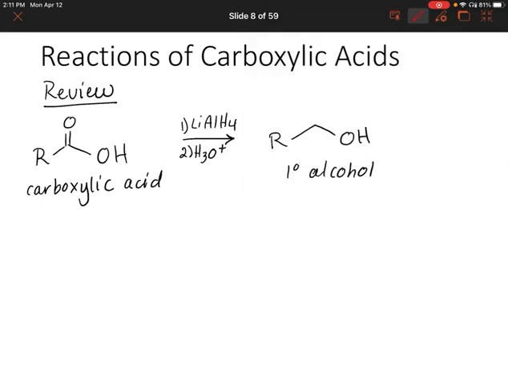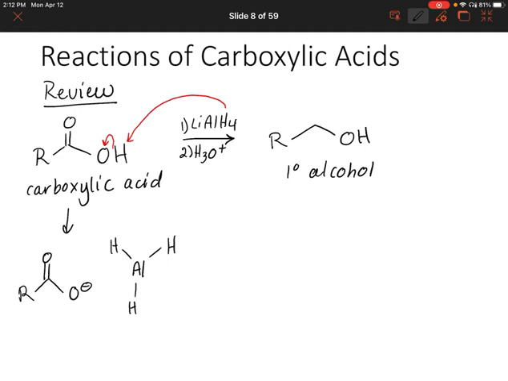So in the first step, one of the hydrides grabs the hydrogen from our carboxylic acid. That will move electrons over to oxygen. So now we have our conjugate base. And the aluminum atom with its 3 hydrogens now bonded to it, so we lost one of the hydrogens in the first step.